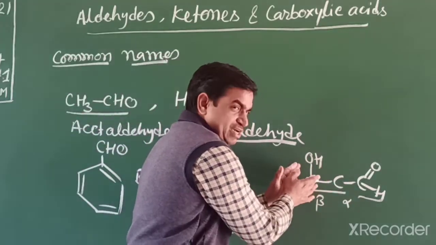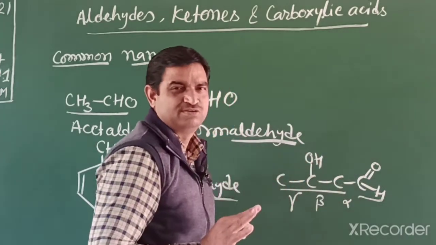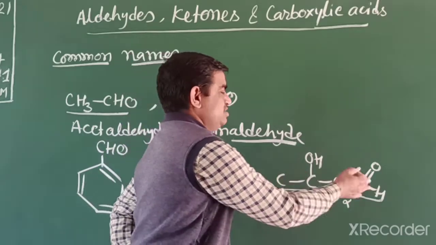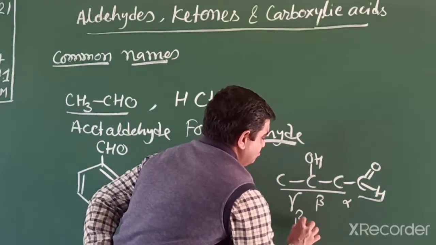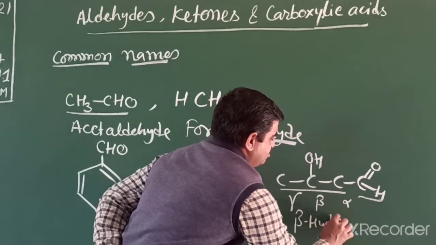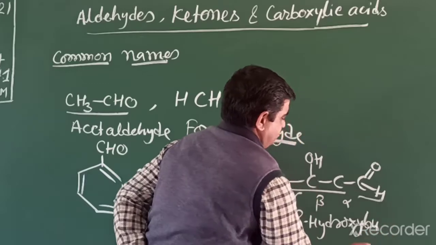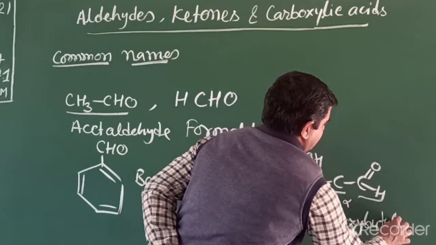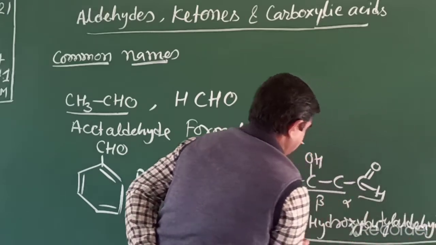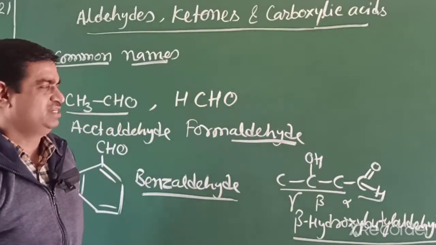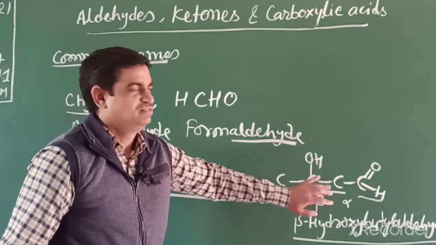If a compound has 1, 2, 3, 4, total 4 carbons, it is beta-hydroxybutyraldehyde. This type of compound is also written with a common name, but the IUPAC name is different.